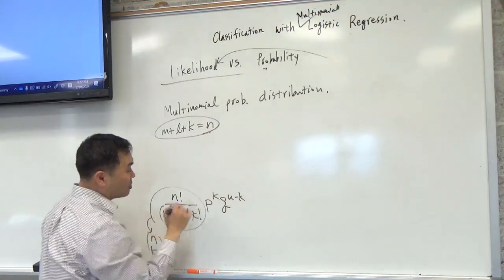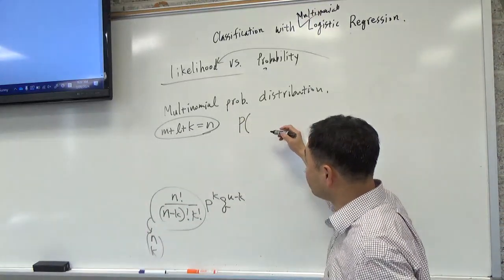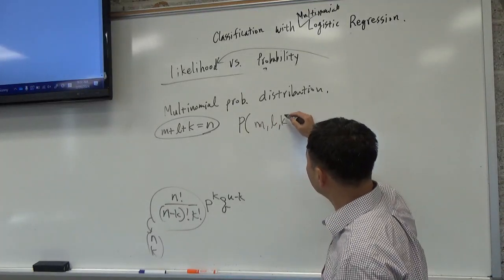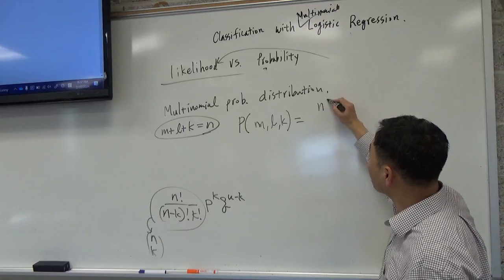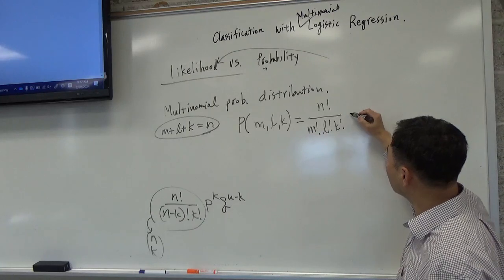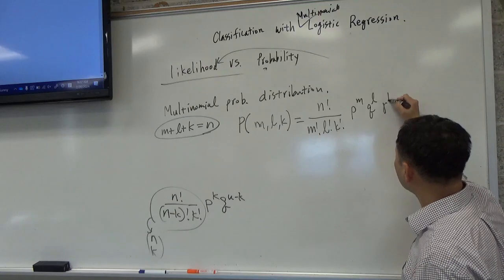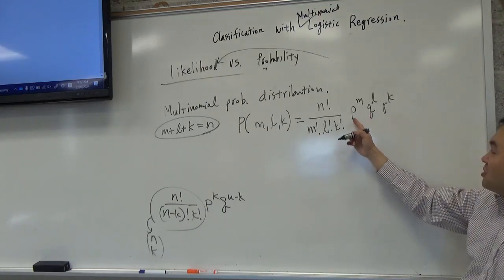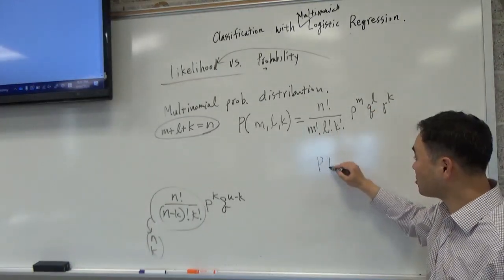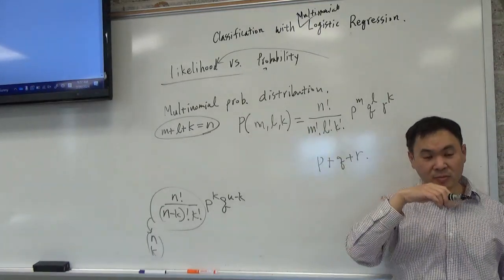Under this condition, the probability of m, l, k is n factorial over m factorial, l factorial, k factorial, times p to the m, q to the l, r to the k. Where these p, q, r are the x, y, and z that I was talking about in the previous one. There are three possibilities.